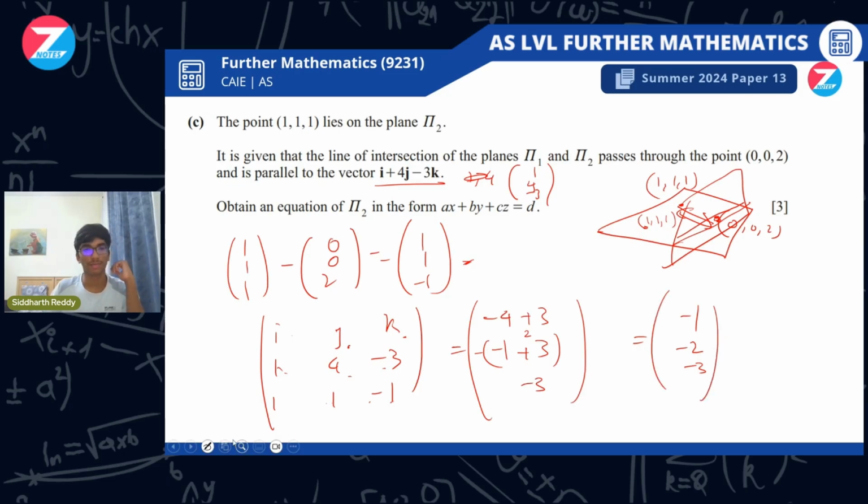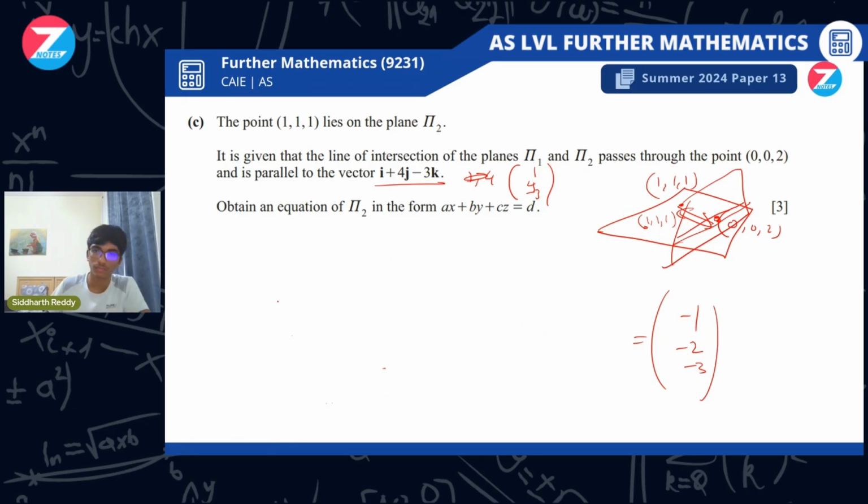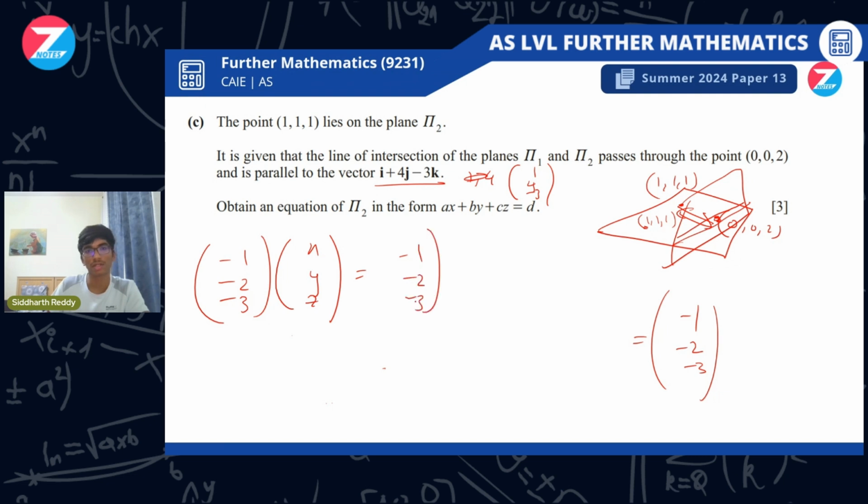So same like we did before, we need a point on the plane, and we just do the dot product of that, and then we get the equation. So we have (minus 1, minus 2, minus 3) dot (x, y, z) is equal to (minus 1, minus 2, minus 3) dot (1, 1, 1).